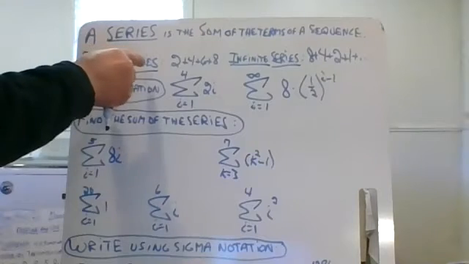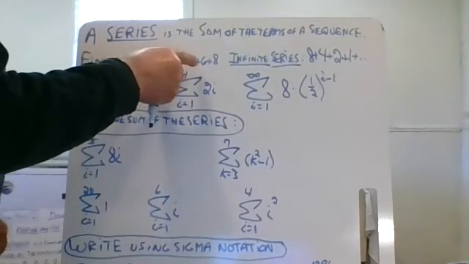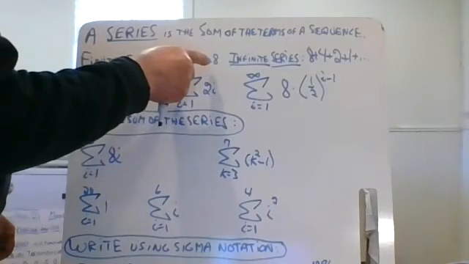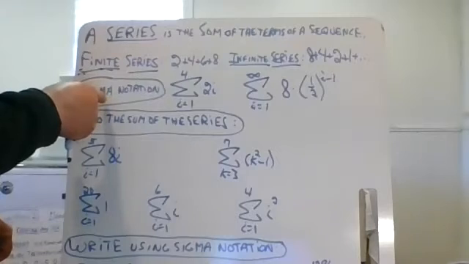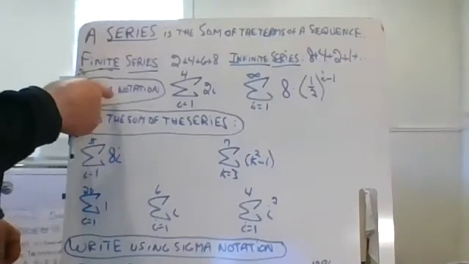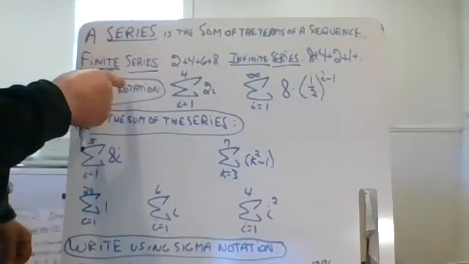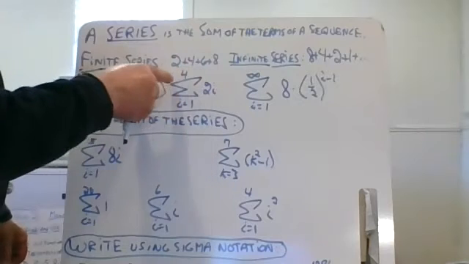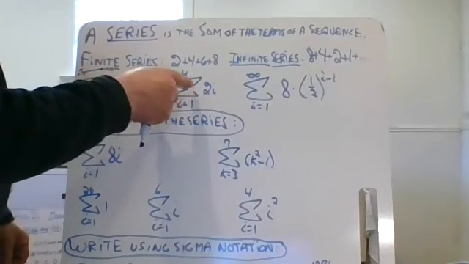But here's a finite series, 2 plus 4 plus 6 plus 8. We use what is called sigma notation. This symbol is a Greek letter for S, it's sigma.